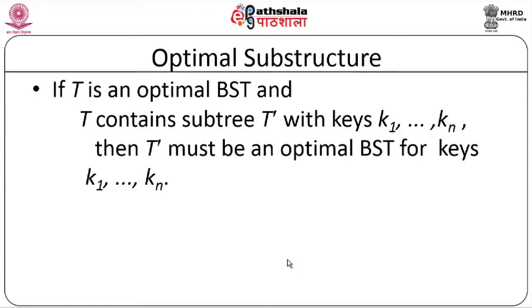In other words, if T is an optimal BST, and we construct a subtree T prime with keys k1 to kn, then T prime is also an optimal BST for keys k1 to kn.